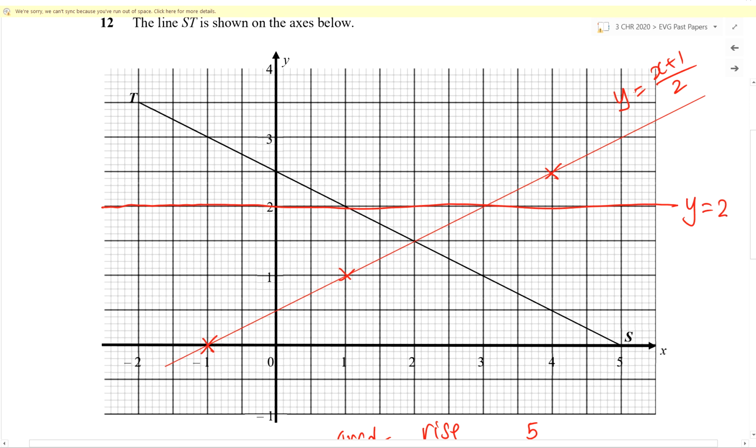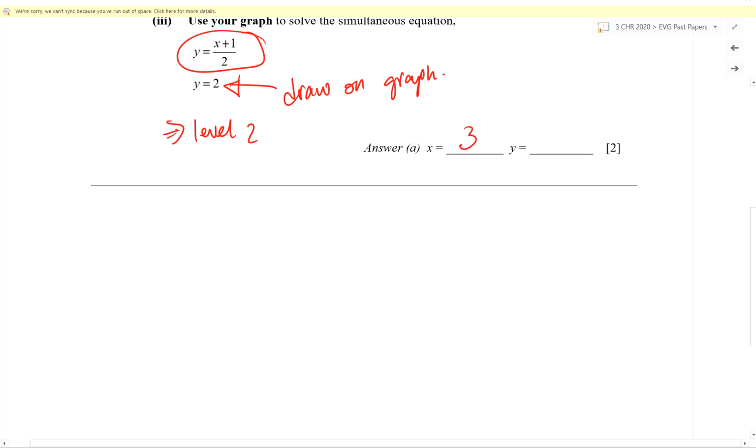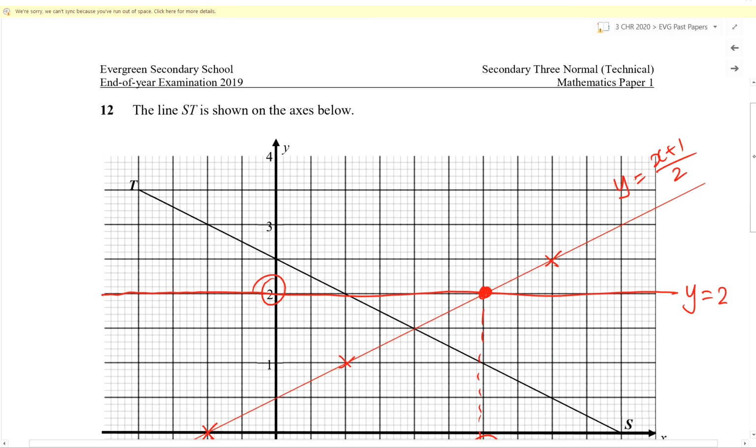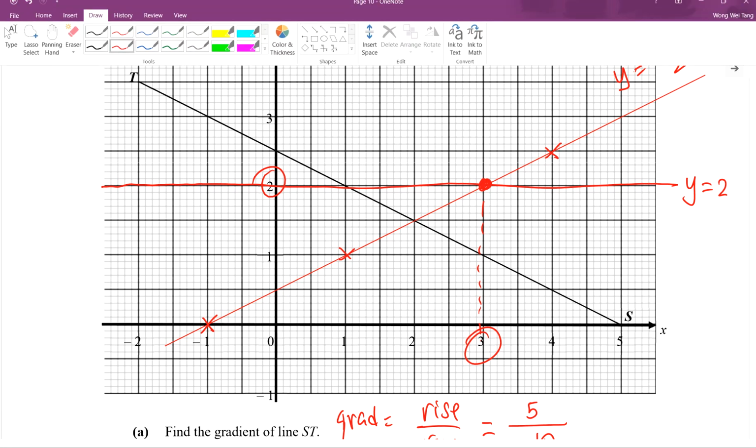Now we are looking for the point of intersection between y equals 2 and our new line. They meet here, at block 3, level 2. X equals 3, y equals 2. That is the solution. Then make sure you have this horizontal line.